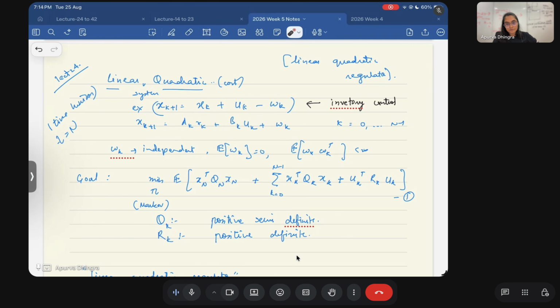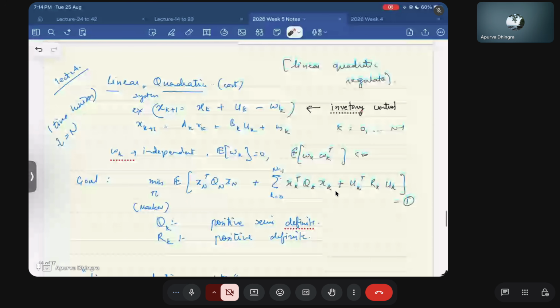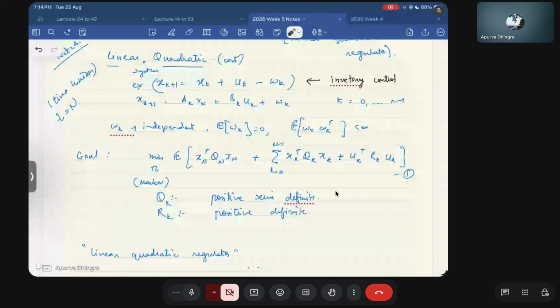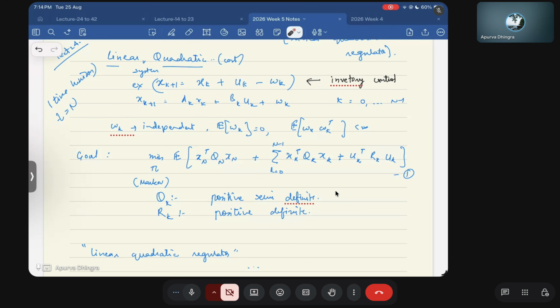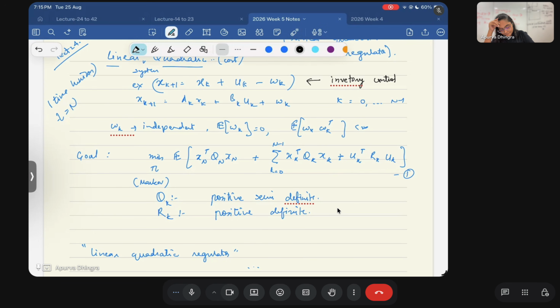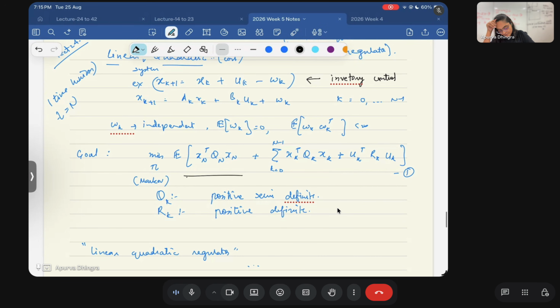So the goal here is to minimize the following object. Notice the following object, similar to what we have seen so far. This is written in the language of stochastic control. We have terminal cost and we have stage-wise cost. This is the terminal cost, and this is the stage-wise cost.